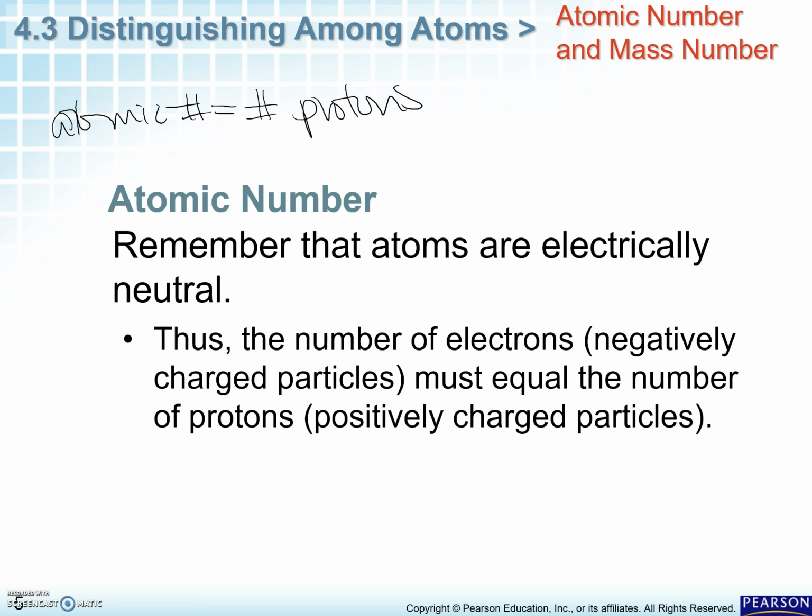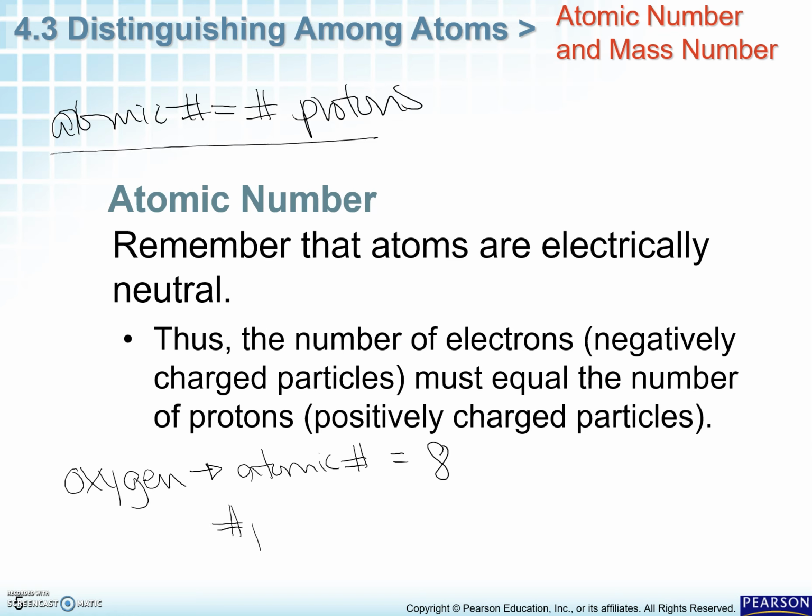So let's go back to the idea of oxygen. With oxygen, your atomic number is equal to 8. That means, according to our definition, that the number of protons is also equal to 8. Now, protons are positive.